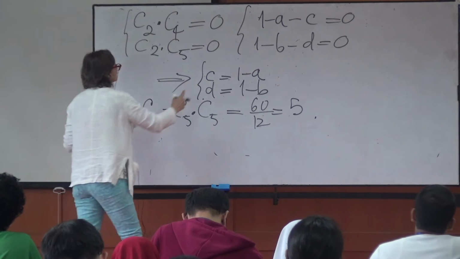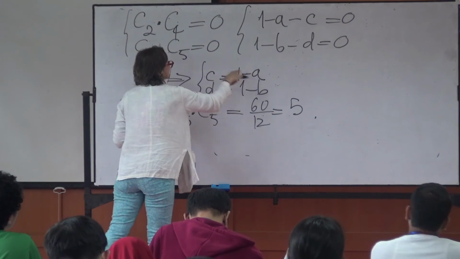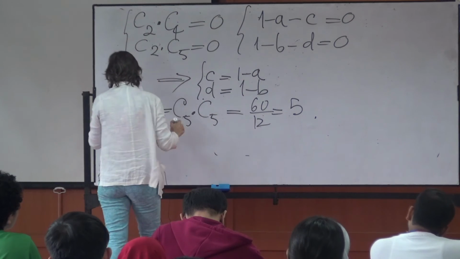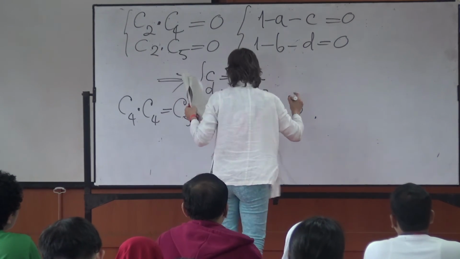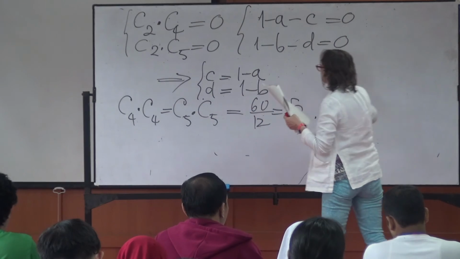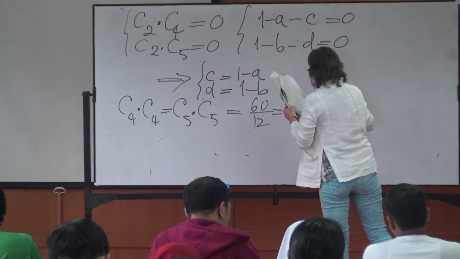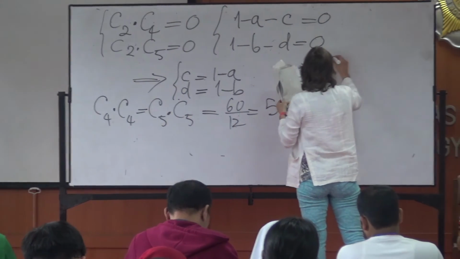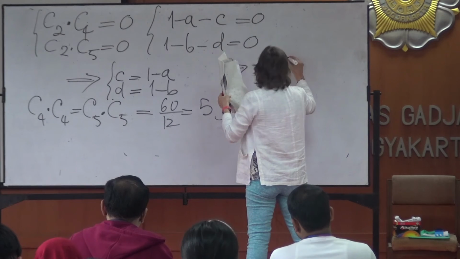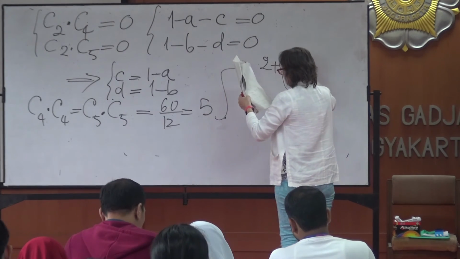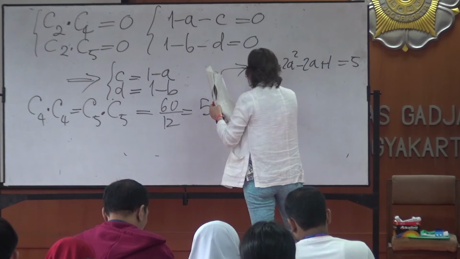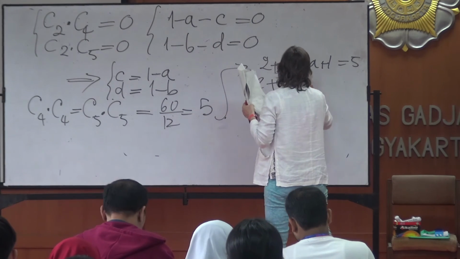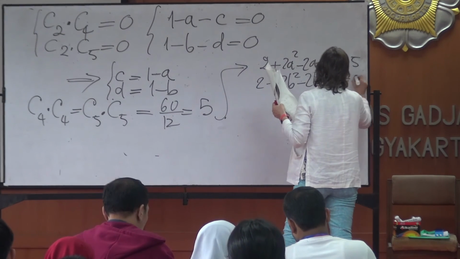Of course, we take into account that C is 1 minus A and D is 1 minus B, and then the 2 remaining equations are, I write them here: 2 plus 2A squared minus 2A plus 1 is equal to 5, and 2 plus 2B squared minus 2B plus 1 is equal to 5.